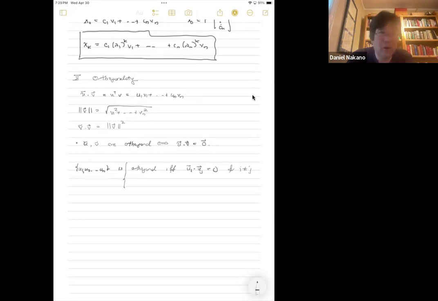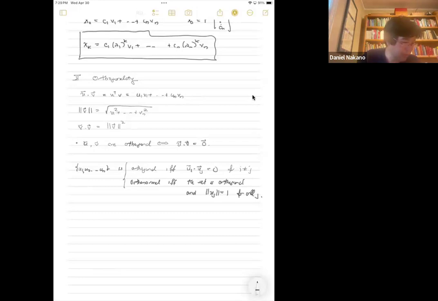And then if you want them to be orthonormal, you have to have orthogonal and you have to have length 1. So it's orthonormal if and only if the set is orthogonal and the length of uj is equal to 1 for all j. Okay, any questions on this?